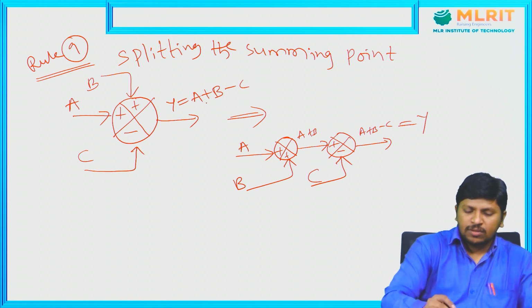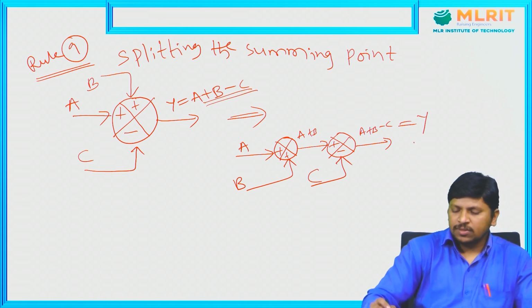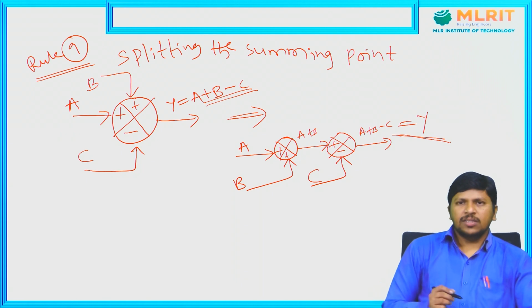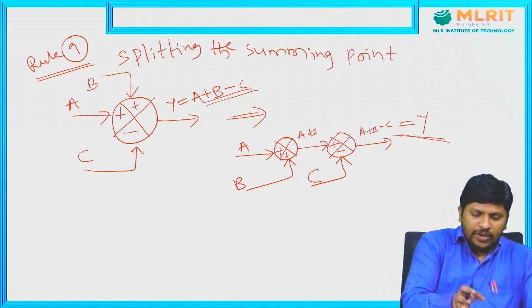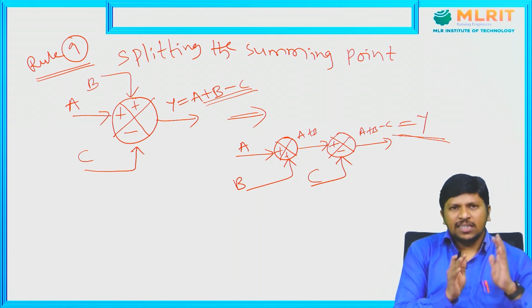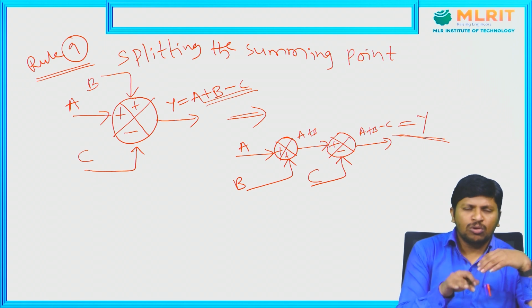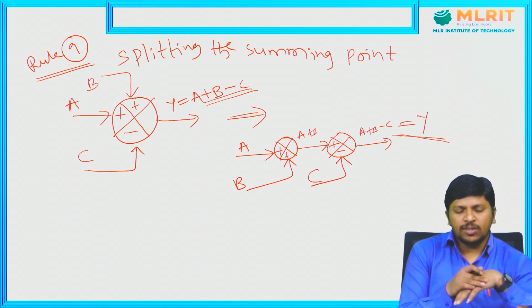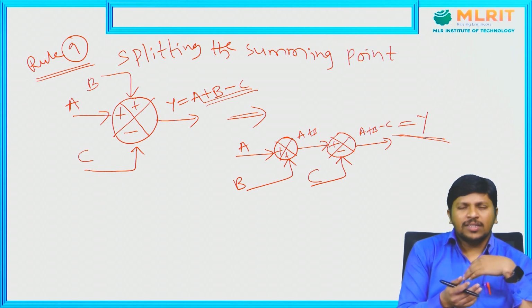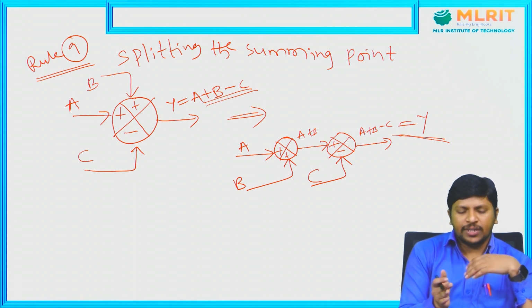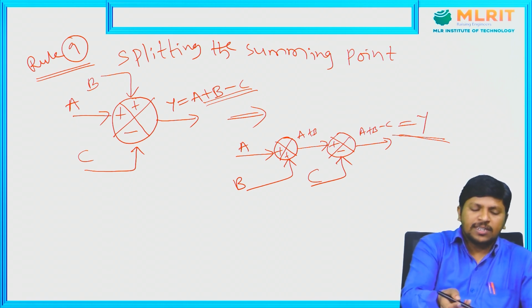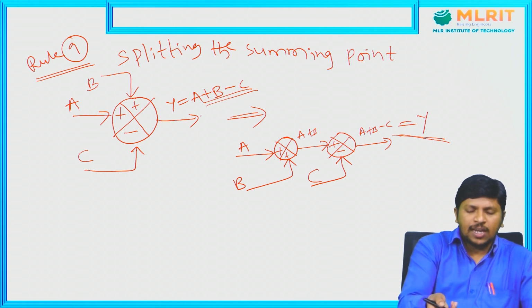Here observe, these two are same. Again these two are same, right? When any summing point is available with more than two inputs, at that time it is applicable to split the summing point.